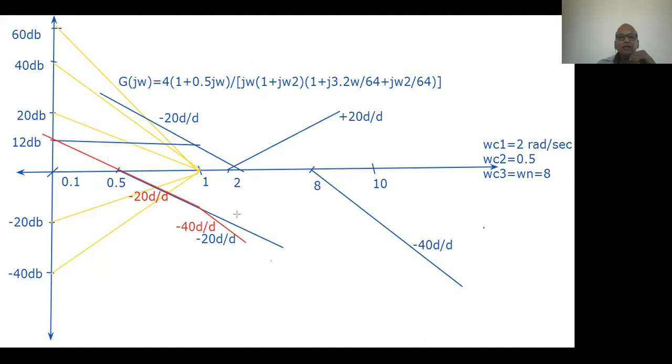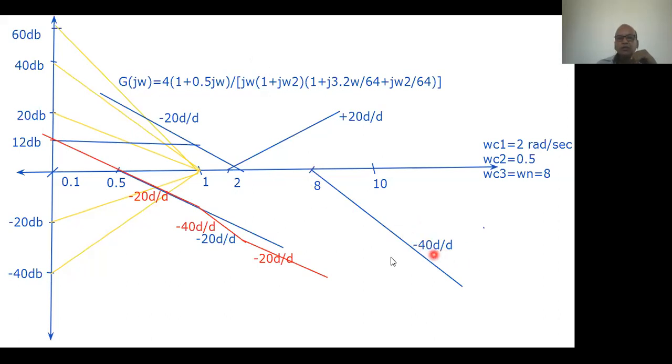Again, at this corner frequency, the slope is minus 40 dB per decade. Again the slope is minus 40 plus 20, here is minus 20 dB per decade. And then at this corner frequency, what is the slope?